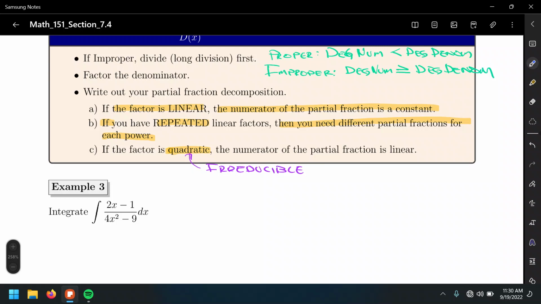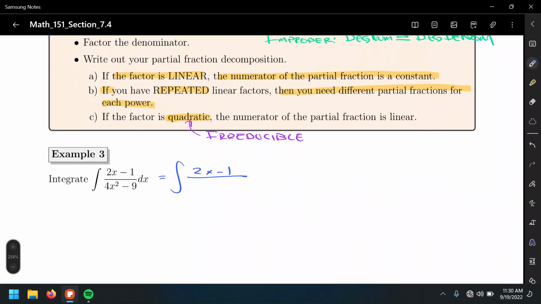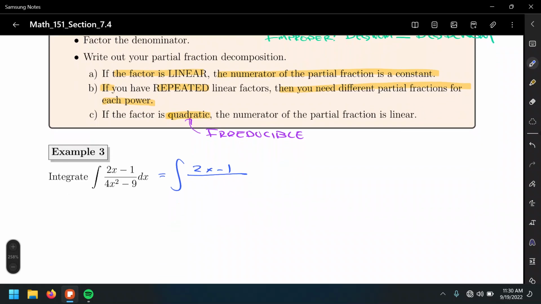Do we need polynomial long division? We're good then. Okay, the next step, factor the denominator. Do you guys recognize the form? Difference of squares, so you might want to factor this as 2x minus 3 times 2x plus 3.